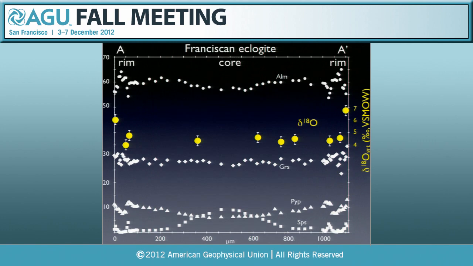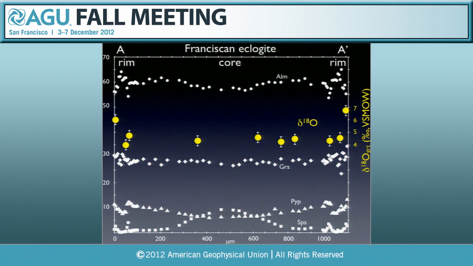And here we have a core-rim traverse. You can see in the core section of the garnet, again, kind of classic prograde zoning. And then really it's in the outermost 50 or 100 microns that all the craziness happens with the cations. The oxygen isotopes here are shown in yellow with a different scale off to this side.